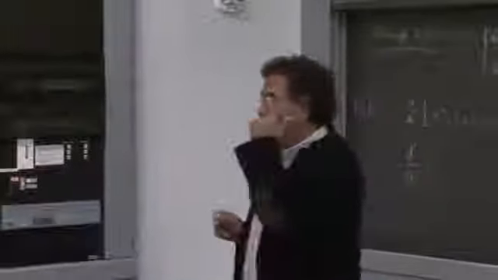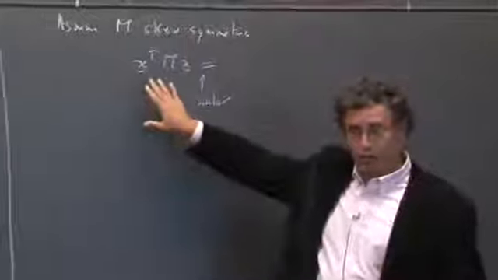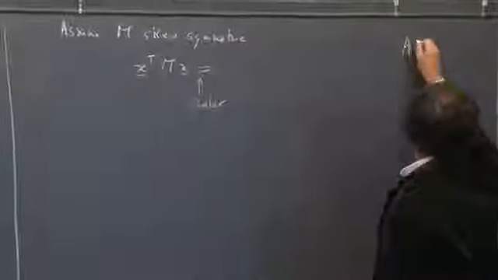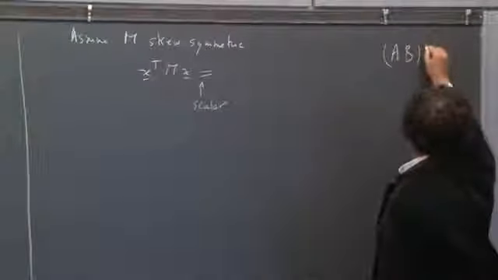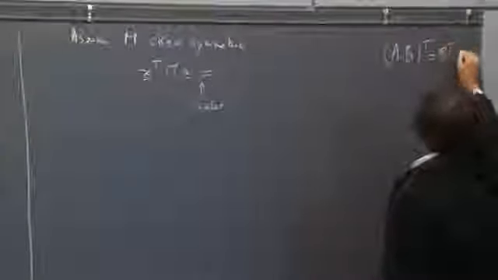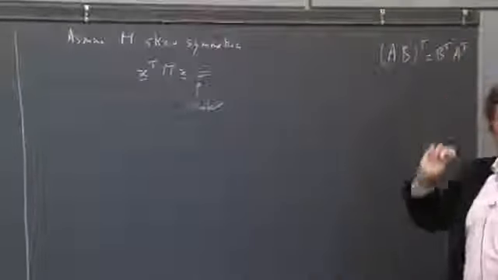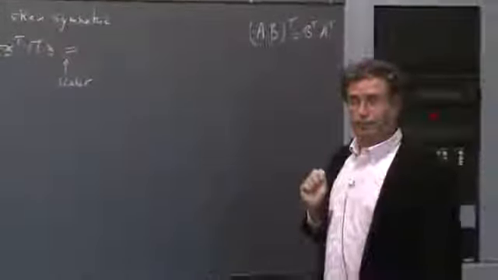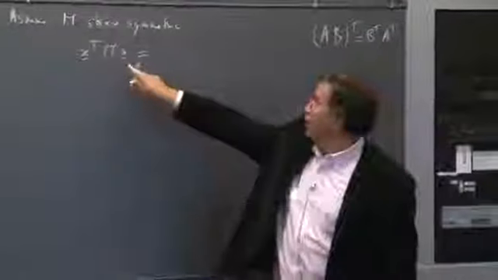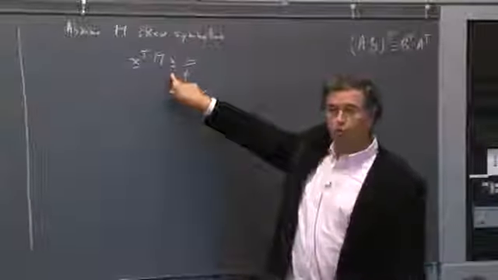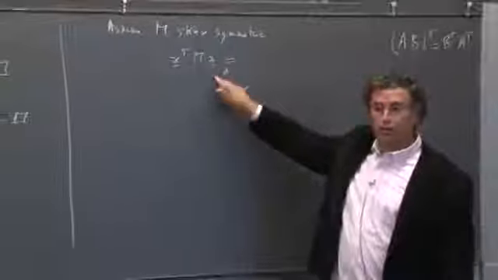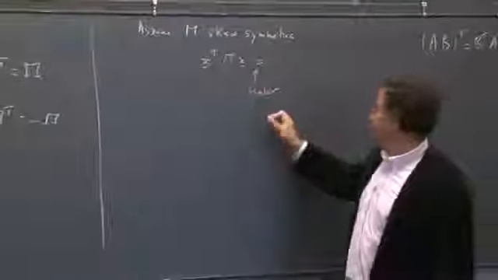The transpose of a scalar is itself. But it's also the transpose of a product. So remember, the transpose of a product is the product of the transposes, but in reverse order.